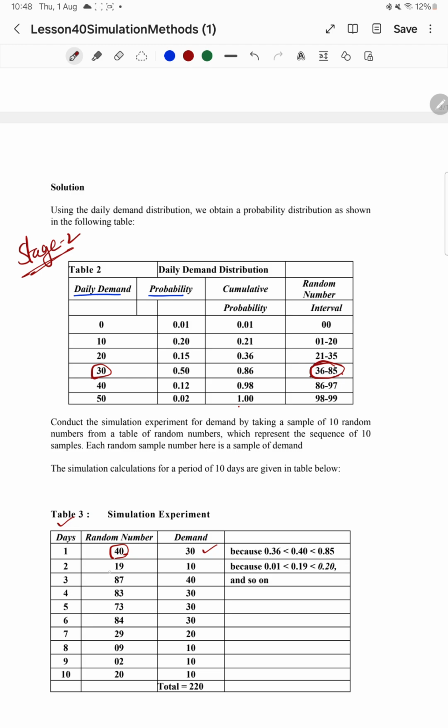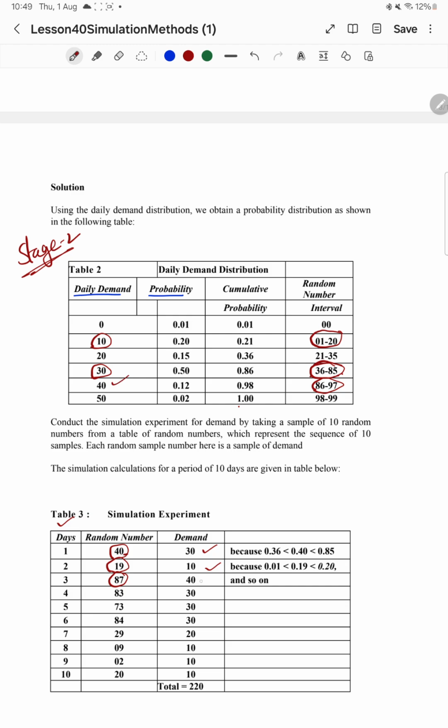Similarly, the second random number is 19. Now let's check in which interval 19 exists. So 19 is in between 1 and 20. So the corresponding demand for 1 to 20 is 10. So written as 10. And the next random number is 87. So 87 is in between 86 and 97. So its corresponding demand is 40.